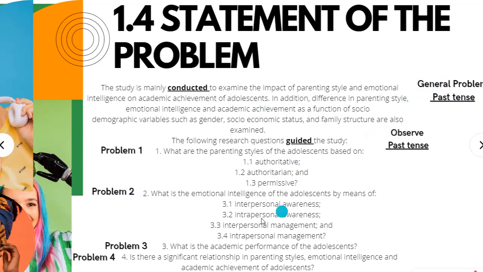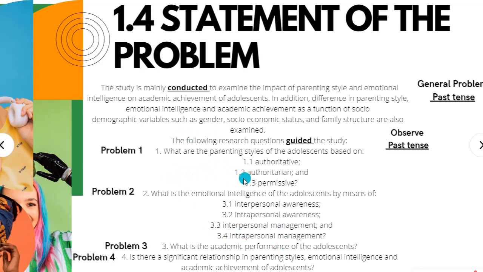Problem 1, problem 2, problem 3, 4. Okay, if you notice, no, again, kada usa ka problem, gikan na siya sa usa ka major variable. So parenting style, one variable. Muna siya problem 1. Sa problem 2, emotional intelligence, this is the second variable. And problem 3, the third variable is academic performance. So, mao na siya.